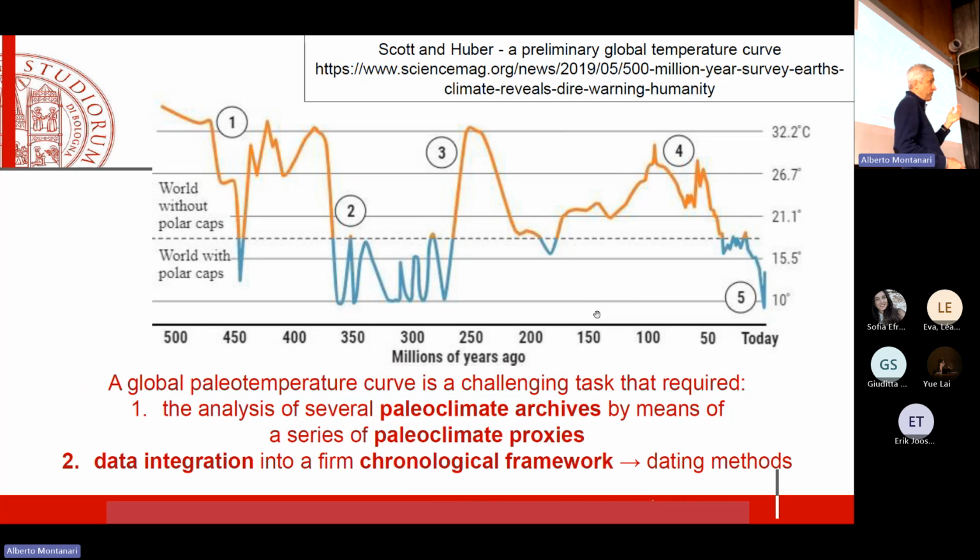So when I talk of the climate in the Middle Ages, 1500, that is paleoclimate, okay? We can use a series of paleoclimate proxies. What does it mean, proxy? It means that we are not talking about a direct measurement. We are talking about another type of information that we link, we connect to temperature data, okay?